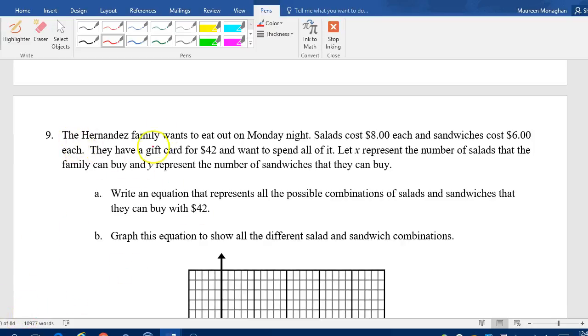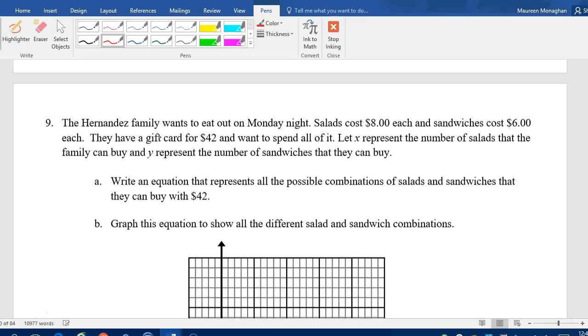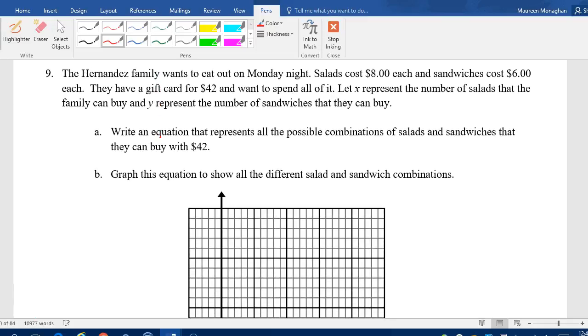All right, the next problem deals with the Hernandez family, and they want to eat out on Monday night. Salads cost $8 each, and sandwiches cost $6 each. They have a gift card for $42, and they want to spend it all. X is going to represent the salads, Y the sandwiches.